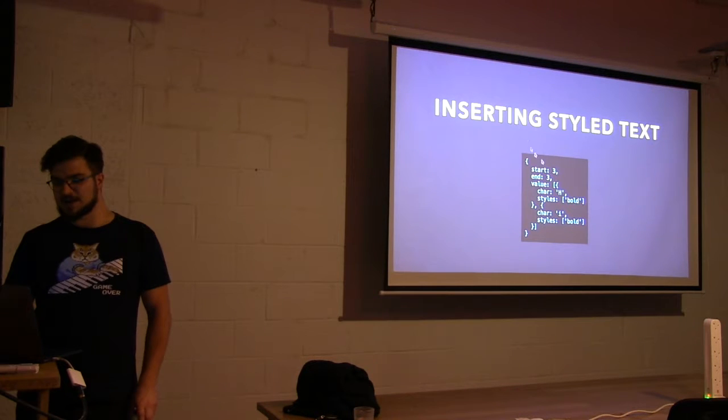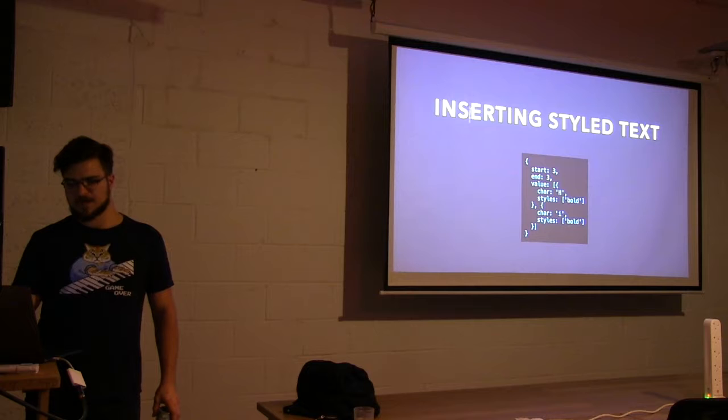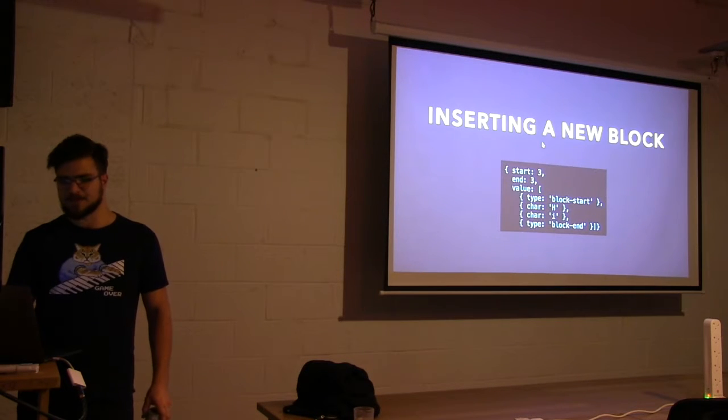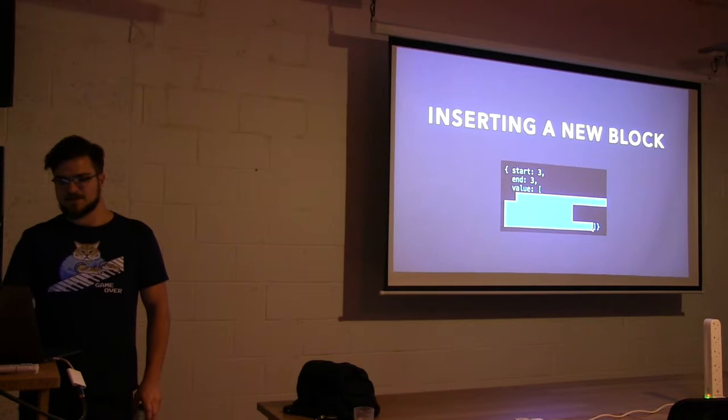Inserting style text, I'd insert the word hi in bold at the third position here. Inserting a new block: this is how I delineate blocks right now in array form.